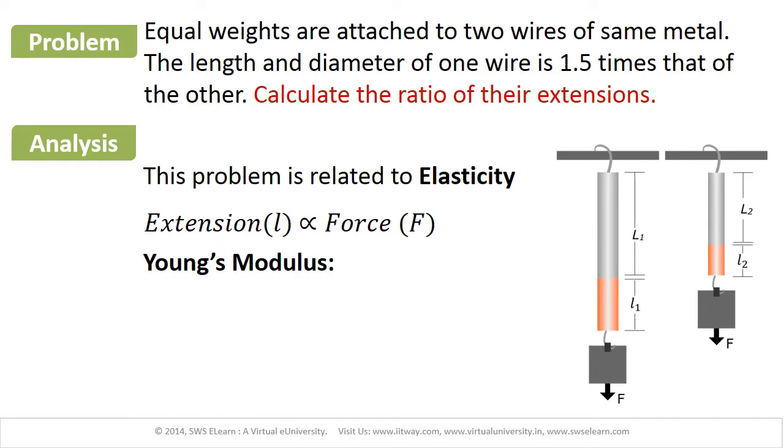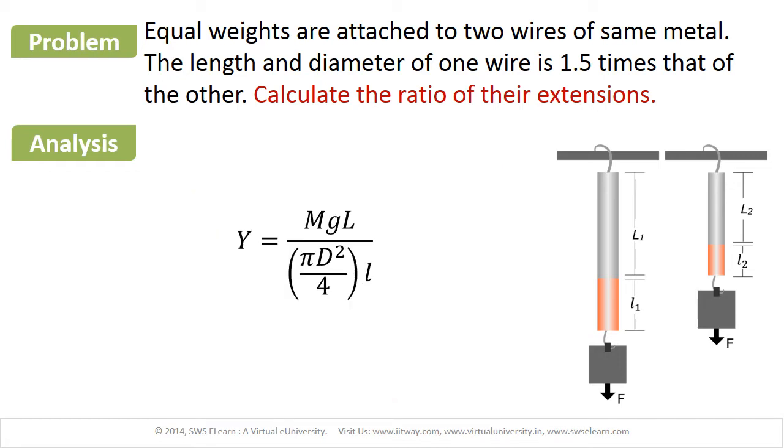We will use Young's modulus to solve this problem because Young's modulus relates the weight, length, diameter and the extension of the wire by the equation Y equals mg into L whole upon pi d square upon 4 into l.